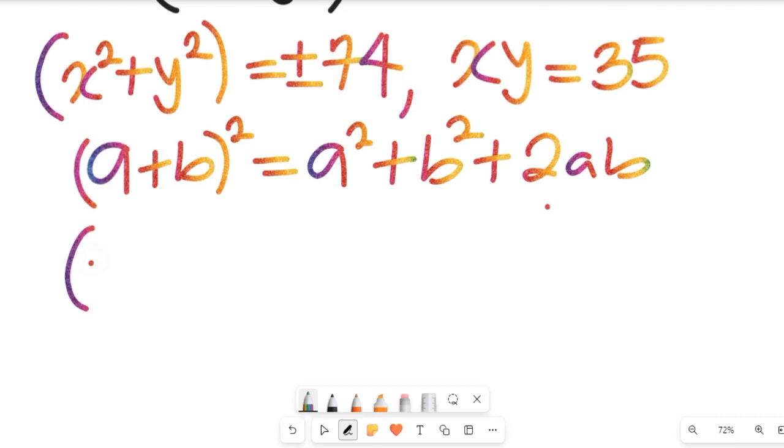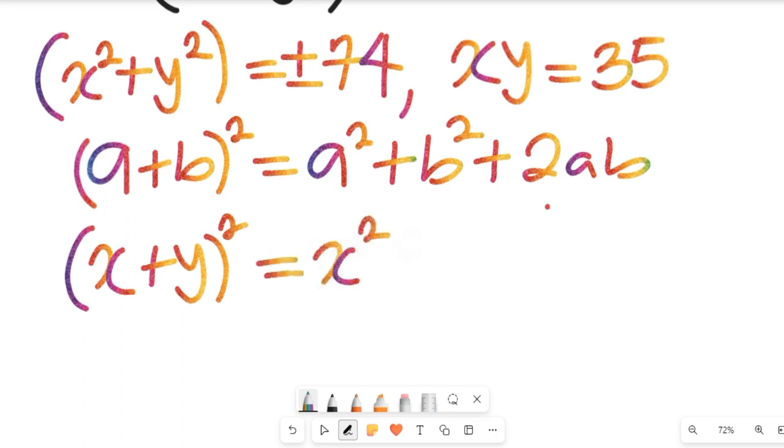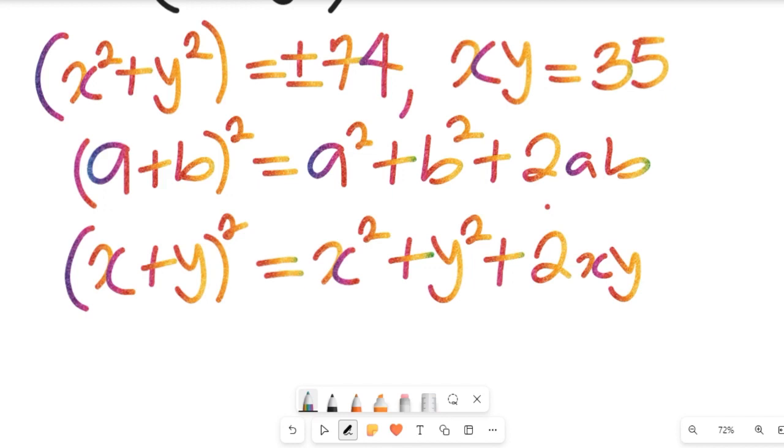Now if we apply that to this, we'll have (x plus y) squared. This is going to give us x squared plus y squared plus 2xy. And recall, what we are looking for is the value of x plus y.